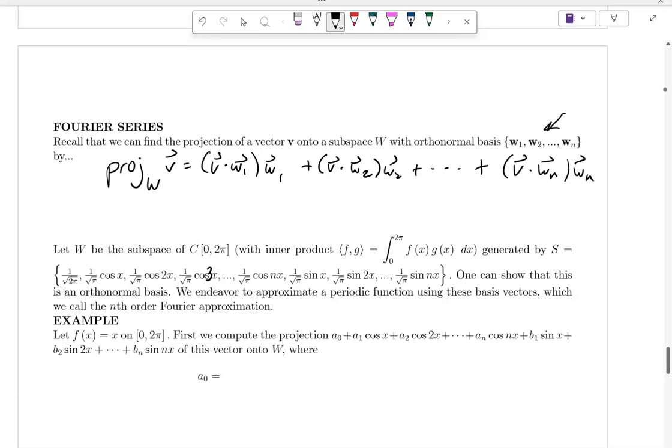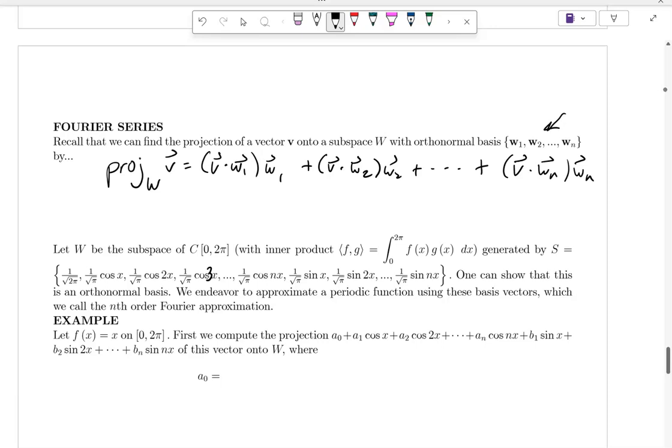If I take a cosine of x and multiply it by a sine of 2x, I get 0. If I take a cosine of 5x and multiply it by a cosine of 7x, I get 0 for the integral. You can show that they really are orthogonal to each other.